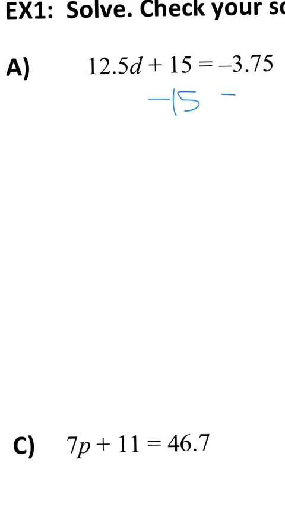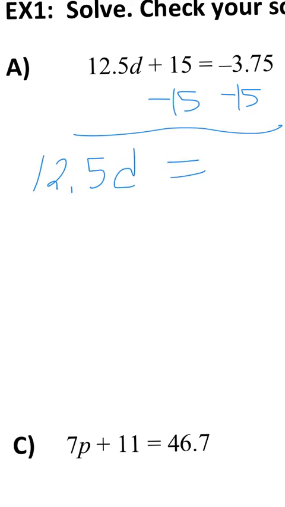So we're going to subtract 15 from each side of our equation. And we are now left with 12.5d equals, we have negative 3.75 minus 15, which means the integer rules are telling us to keep the sign and add. So negative 18.75.